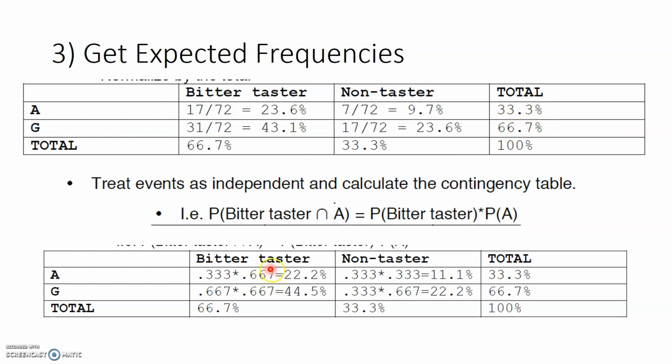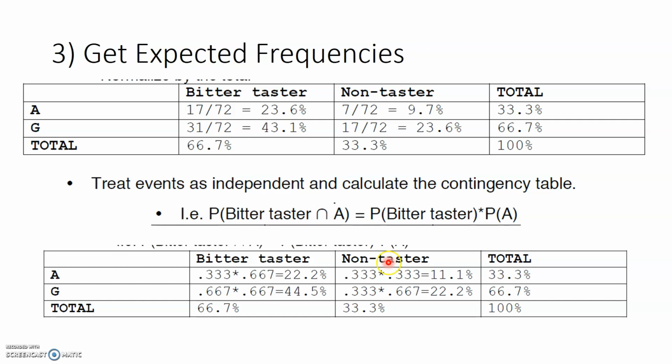And so 0.667 times 0.333 gives us our expected frequency.